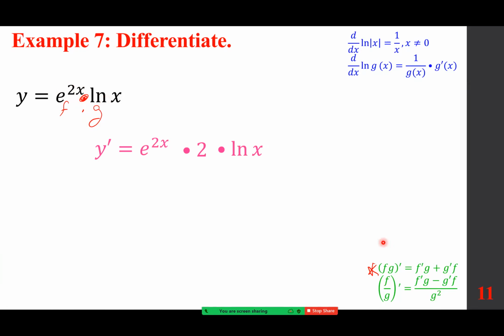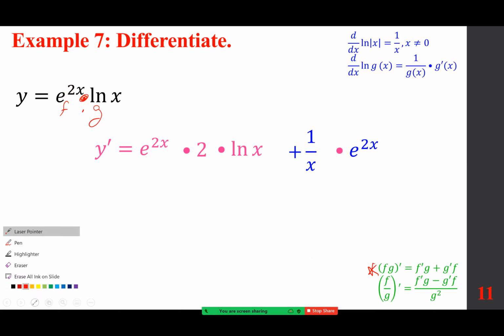So this is f prime, this is g, plus g prime f. What is the derivative of ln x? 1 over x times f, which is e to the power of 2x.